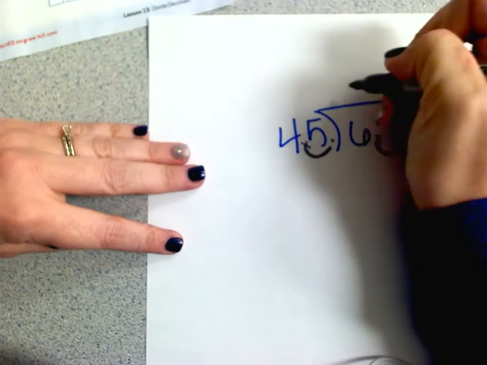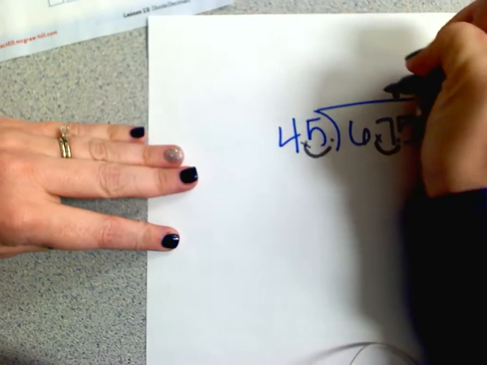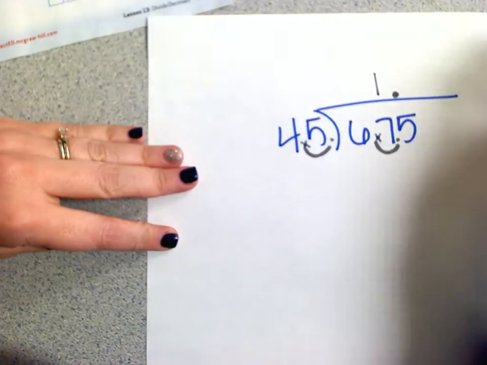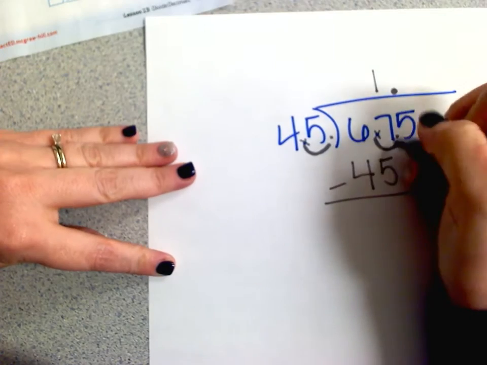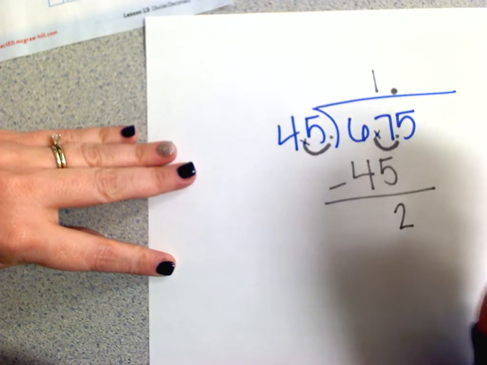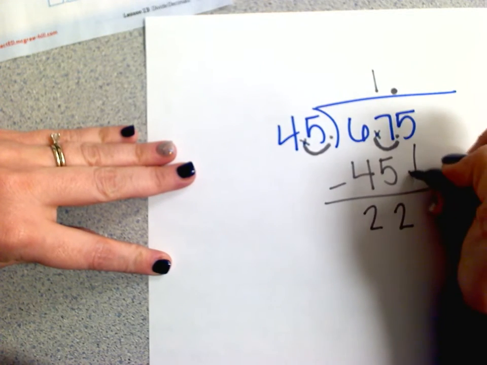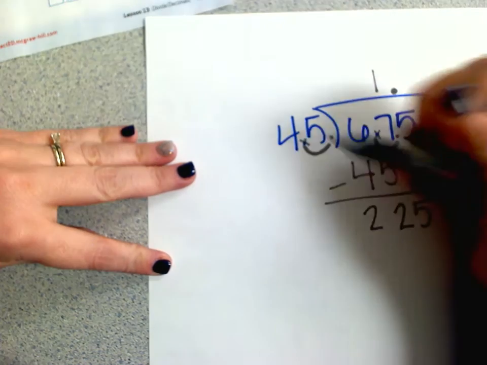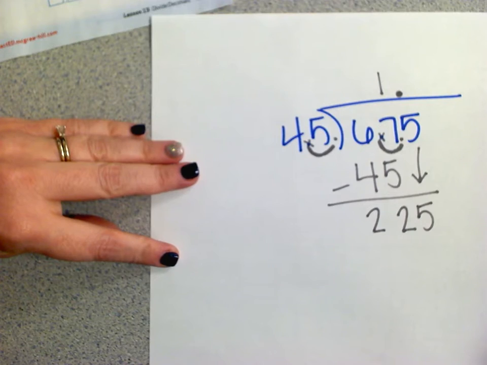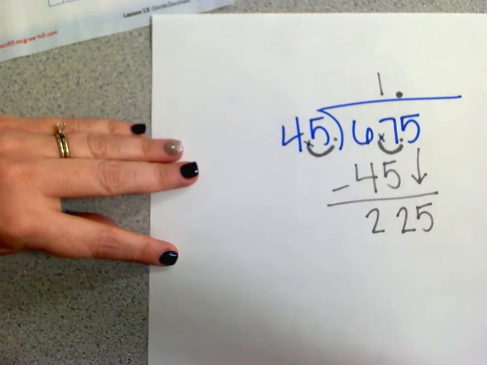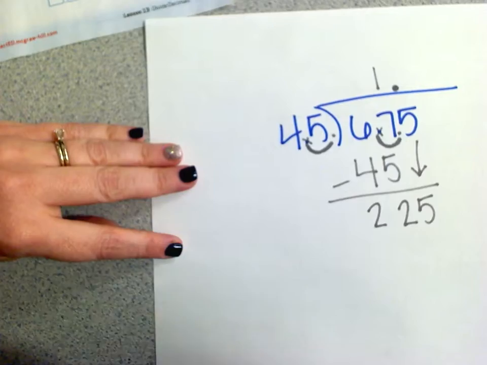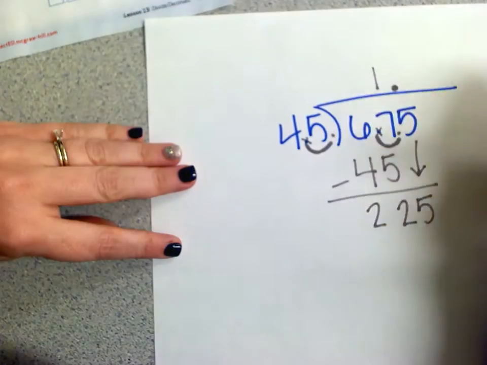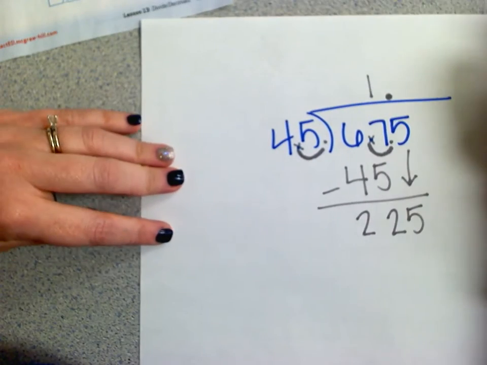45 can't go into 6. Can it go into 67? Yes. How many times? One time. 1 times 45 is 45. 7 minus 5 is 2. 6 minus 4 is 2. B for bring down. Okay, 225. In my mind, I'm thinking, okay, this is close to 50, so 5 times what gets me close to 22.